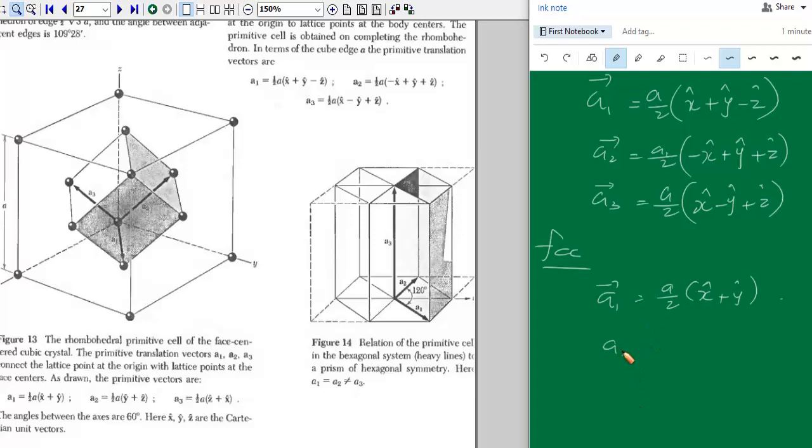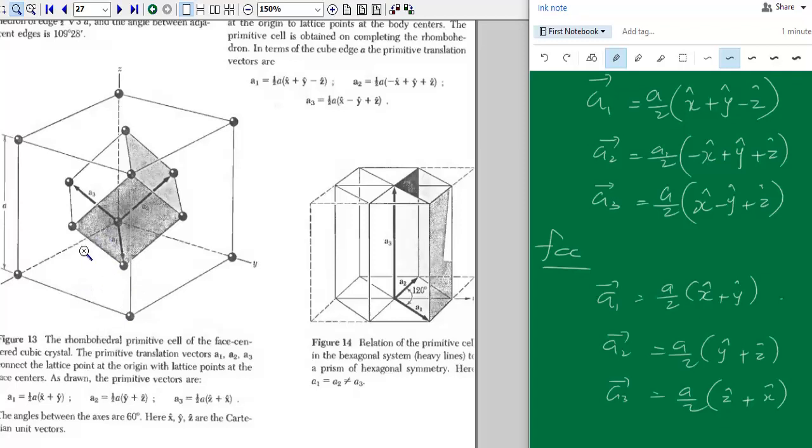Similarly, a2 is the vector to this face center from the origin, so a by 2 times (y plus z), and a3 is equal to a by 2 times (z plus x). So these are the primitive translation vectors of FCC.